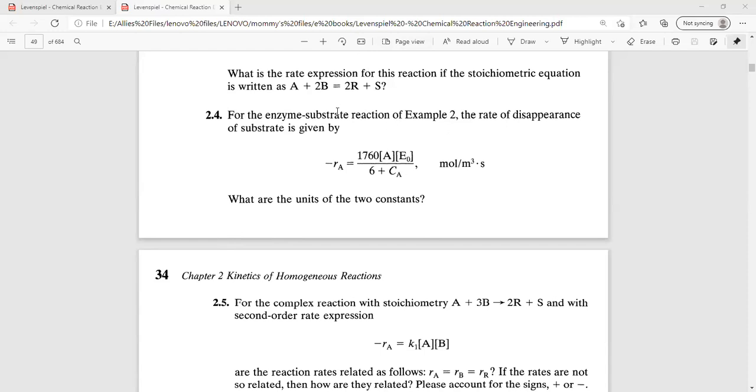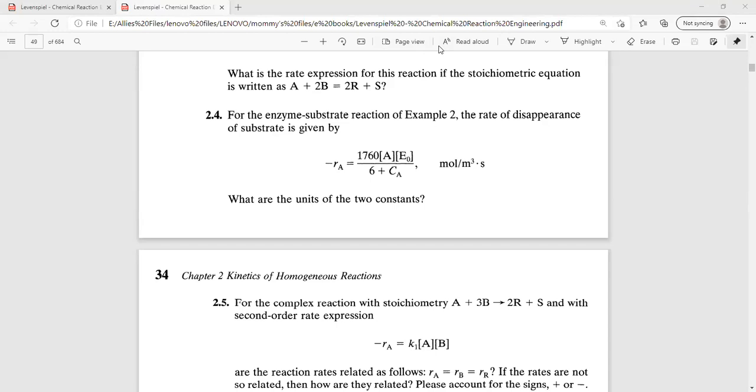What do you think are the constants that this particular problem is referring to? If it's asking for the units of the two constants, what are these constants in the first place?